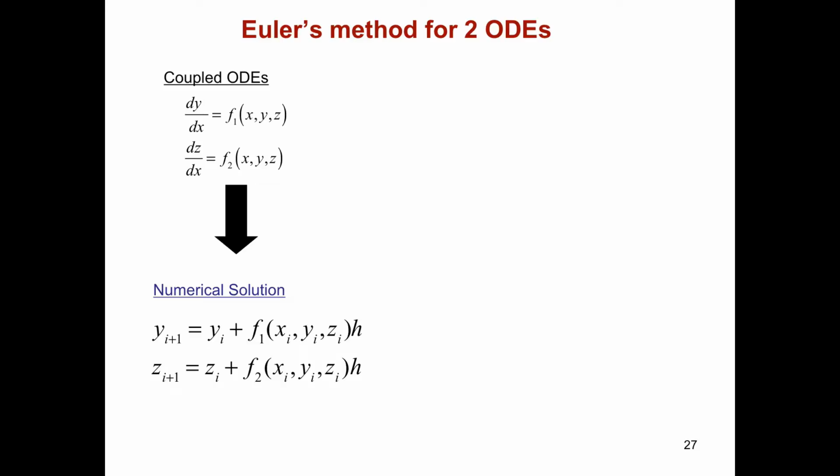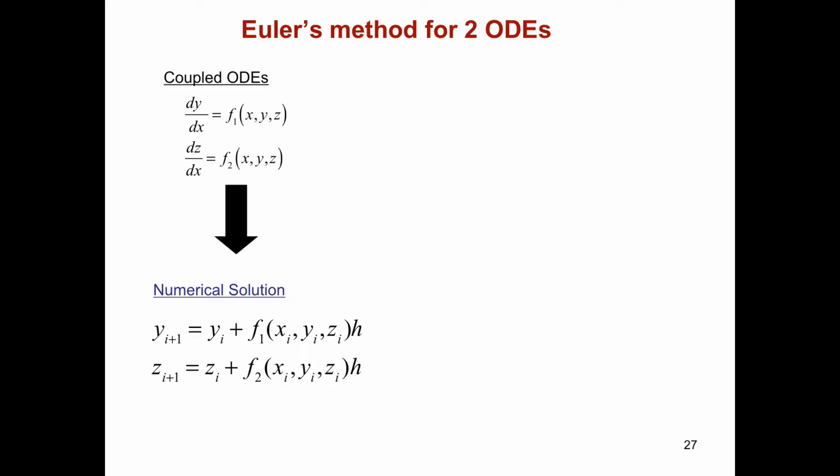If I had Euler's method, I'm going to say my y_{i+1} is y_i plus this first function f1 at my previous step, x_i, y_i, z_i, that I have from the previous step or my initial condition, times my spacing h. And z_{i+1} is z_i plus f2 of x_i, y_i, z_i, again this function f2 using my previous values, times h.